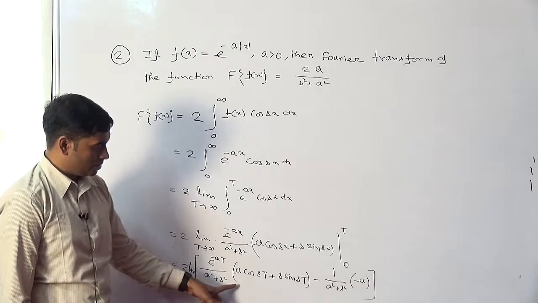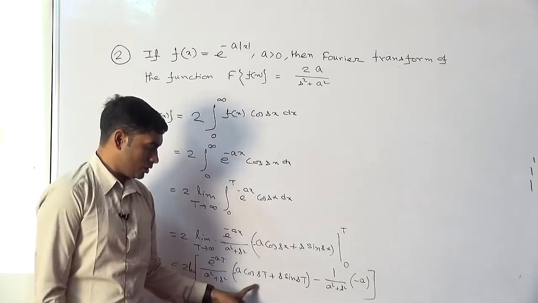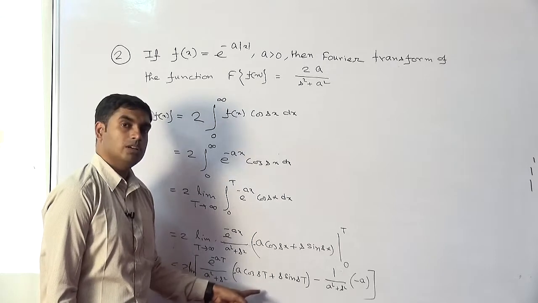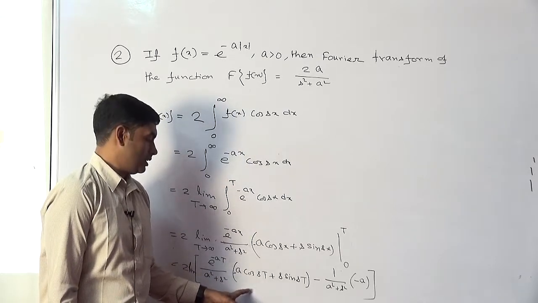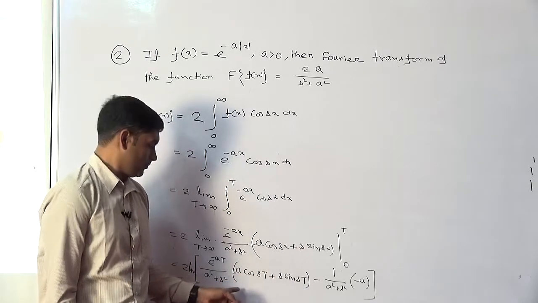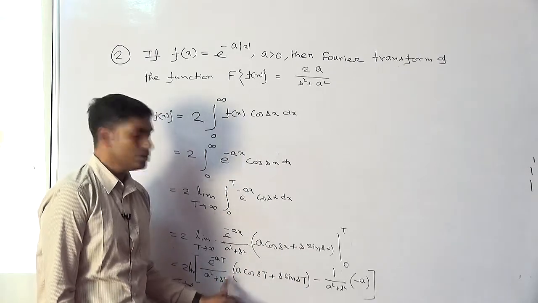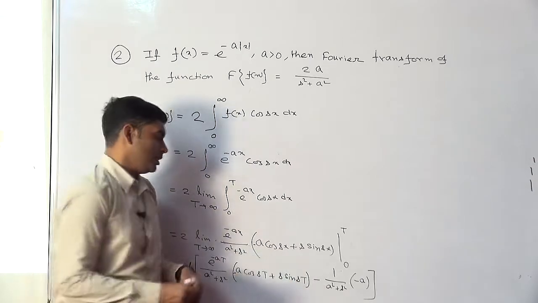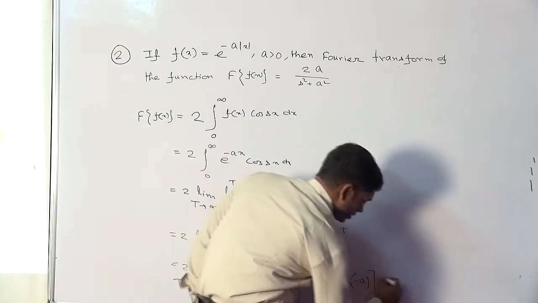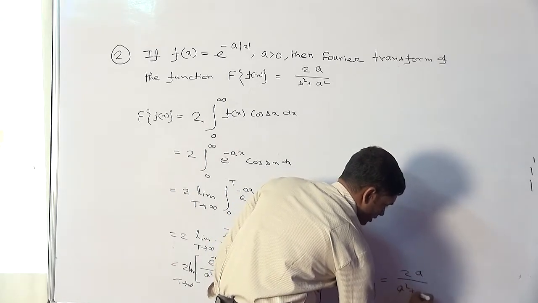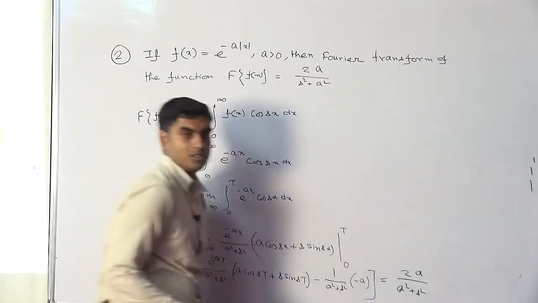And cos(st) and sin(st) are bounded functions, so 0 times a bounded function is 0. Therefore only these terms will remain. So this is twice a by a squared plus s squared. Okay.